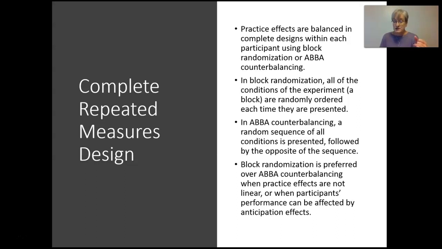It may be contingent on which type of condition they start with. So if you do just simple ABA, the fact that A was first might be problematic. So with block randomization, you have that added layer of randomizing the order of conditions to deal with that issue, especially when the practice effects are themselves not linear.